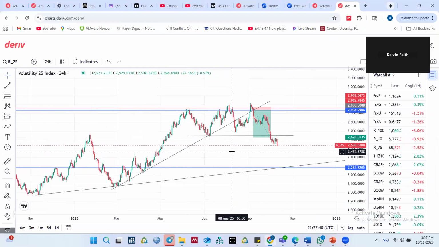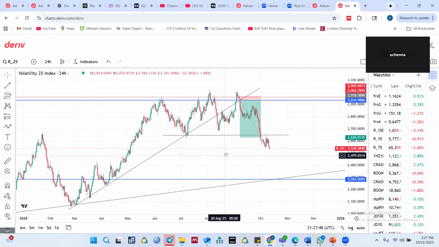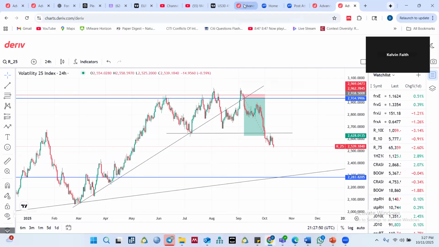Assuming it's on a downtrend, how do you know? Or do you keep going back to where you did the analysis on the higher time frame and keep checking?